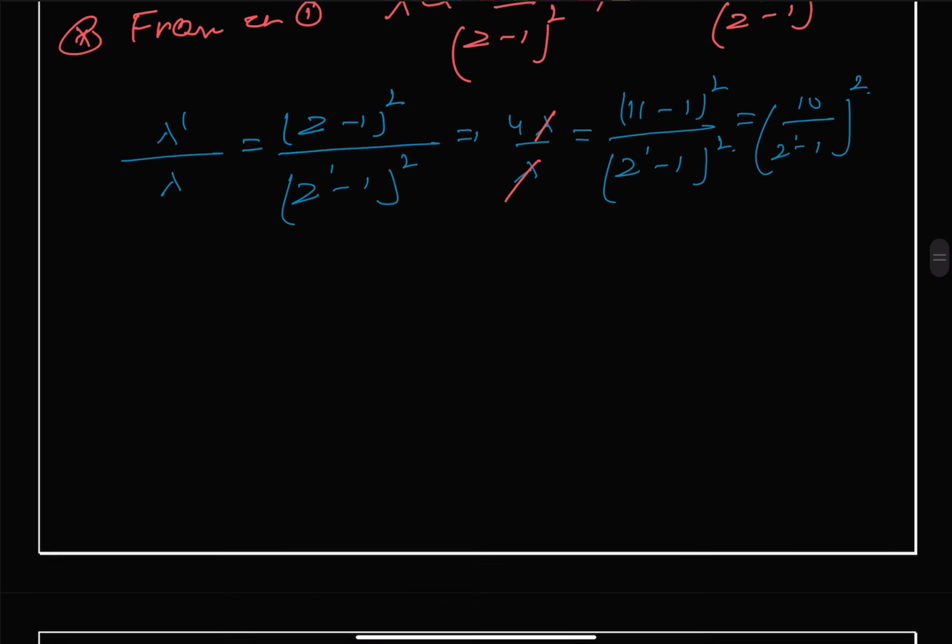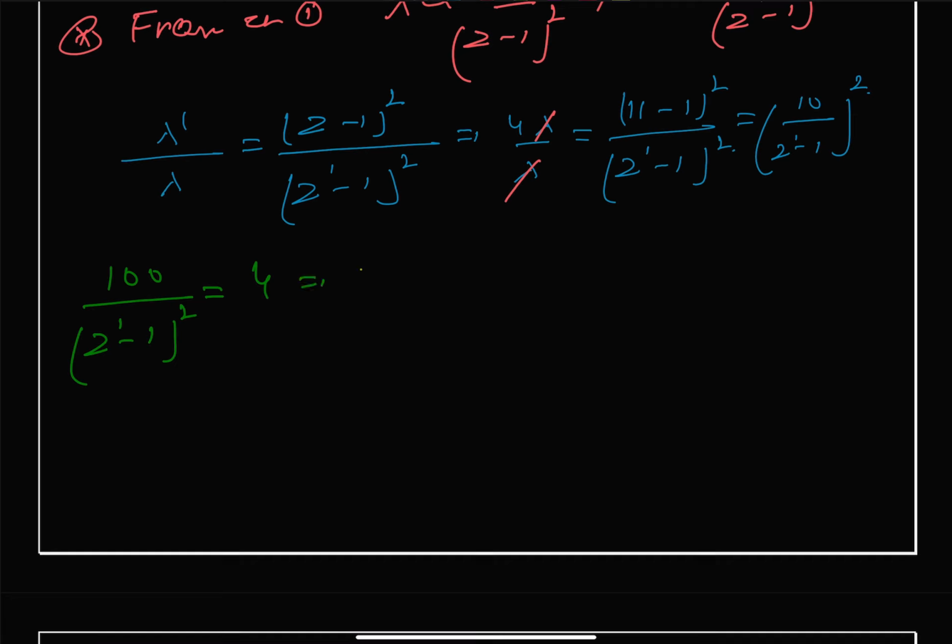So this gives us that 100 upon Z prime minus 1 whole square is equal to 4.